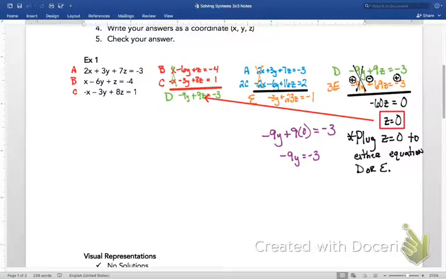Now what? Divide by negative 9. Y is equal to 1/3.